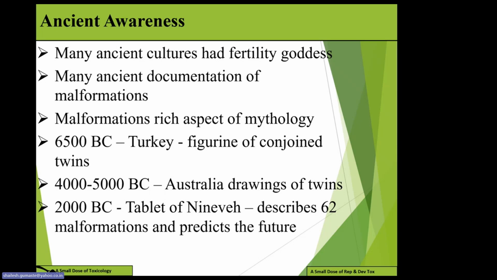So many ancient documentations are present regarding malformation, and this aspect is in mythology also. In 6500 BC, a Turkey figurine of congenital twins was noted. In Australia, some drawings of congenital twins are present from 4000 and 5000 BC.